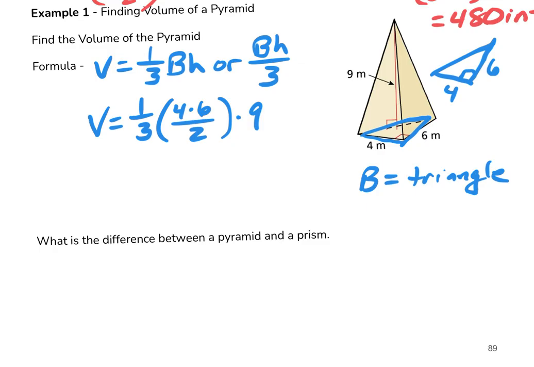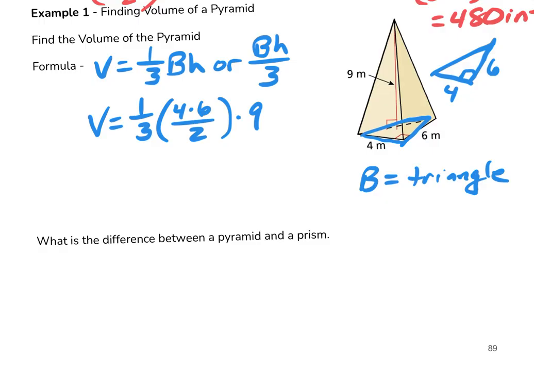Okay? If I was putting this into my calculator, I know we've talked about how all your calculators are a little bit different and how we're going to type this in. It's not necessarily wrong to put this all in at once. But just for the sake of being a little bit cleaner and easier to put in, I would do 4 times 6 divided by 2, multiply it by 9, and I would do this very last. Then I would just divide by 3.